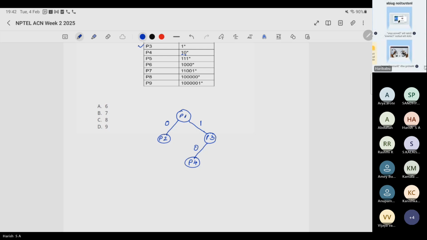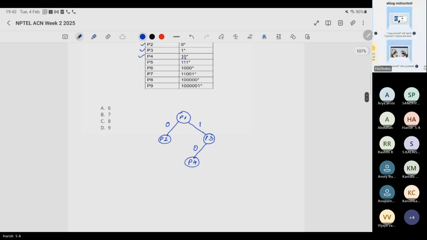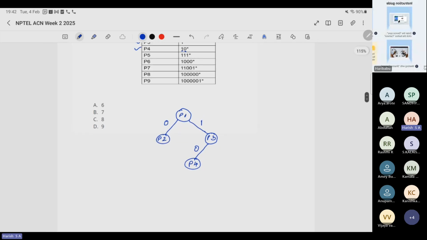The next is P5, which is 1110: 1, another 1, and another 1. This becomes P5.